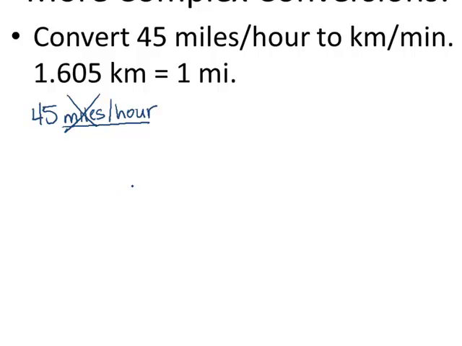So I don't recommend writing your information that way when you start a calculation, although it's fine in other settings. I also don't recommend that you use any abbreviations. For instance, if you wrote 45 mph, that gives us the same problem. All of our units are squished into one line. So while both of those are obviously okay to write in a lot of settings, they're not the most helpful way to write a complex unit when we're about to do a conversion. Here's what I recommend doing instead.